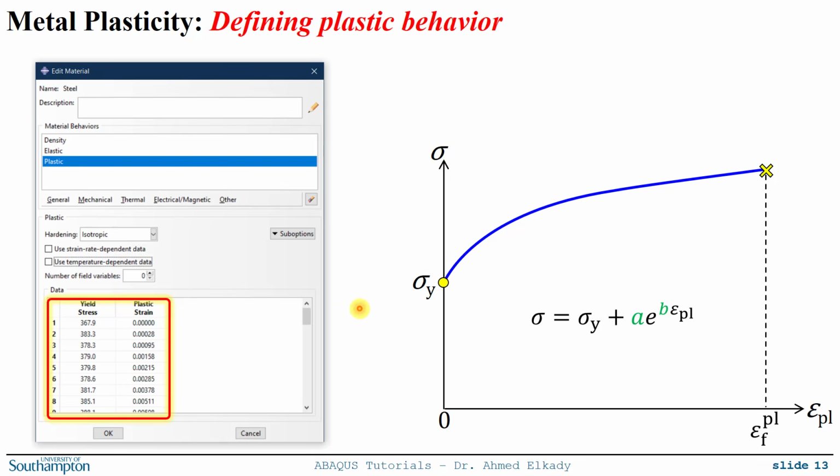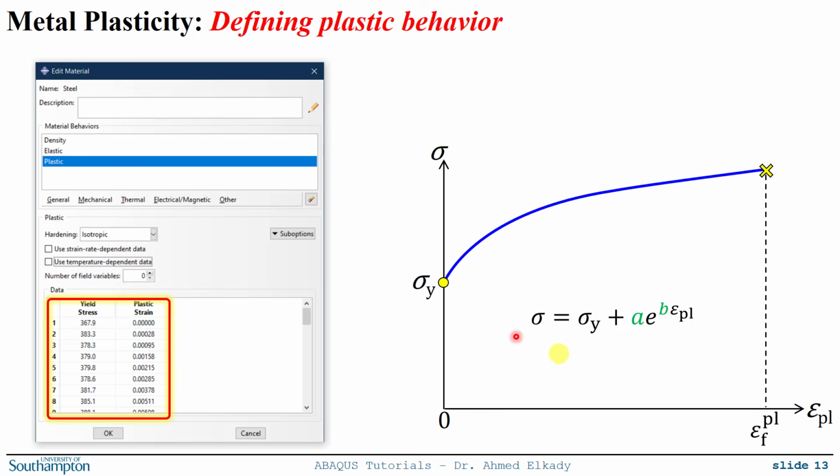Now, if you don't have this coupon data, there are other ways of defining these curves. If you have just the yield stress and, let's say, the failure stress or ultimate stress, there are different nonlinear functions that you can find in literature to generate this nonlinear hardening curve, pretty much this plastic region, for different types of materials.